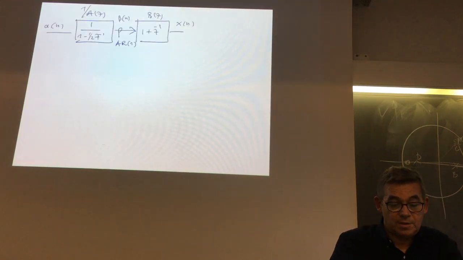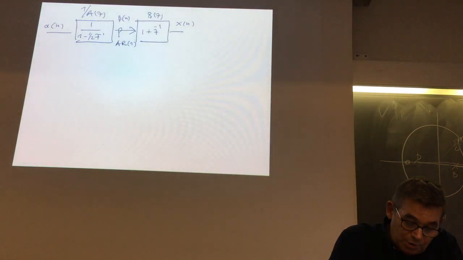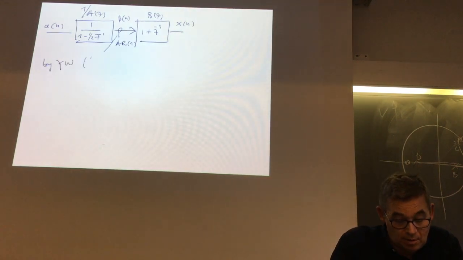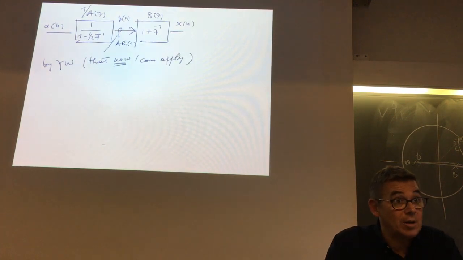Okay, so this is after flipping. Now, I can compute the autocorrelation of beta. I know, by Euler-Walker, that now I can apply it.